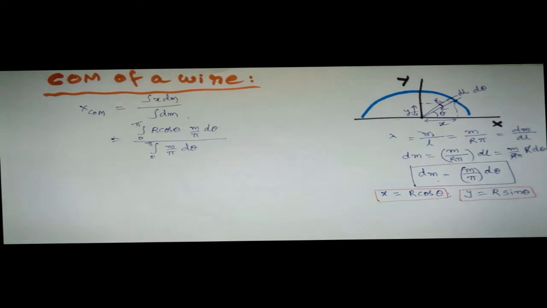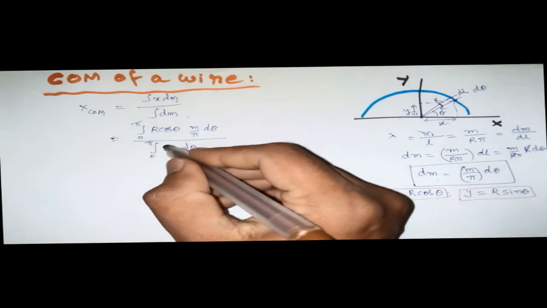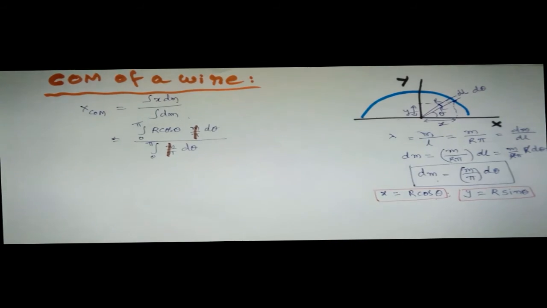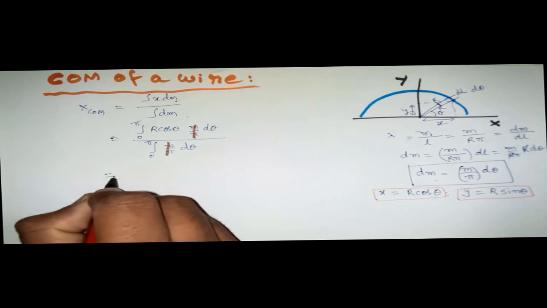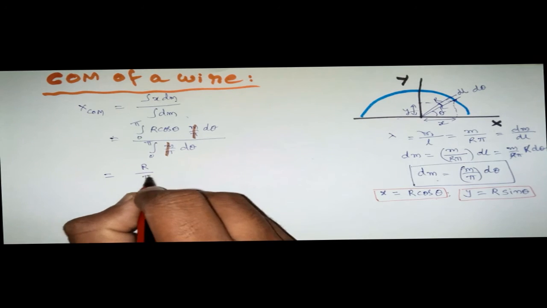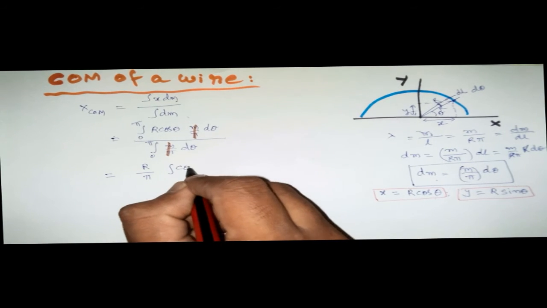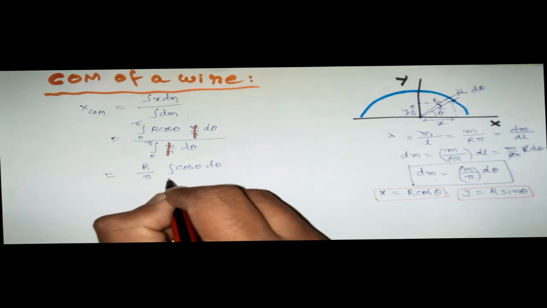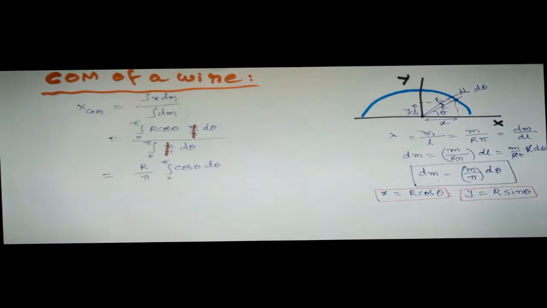Now in the given problem, one can cancel the terms m by pi and m by pi because they are constants. Further, the remaining answer is r by pi integration of cos theta d theta running from limits 0 to pi.